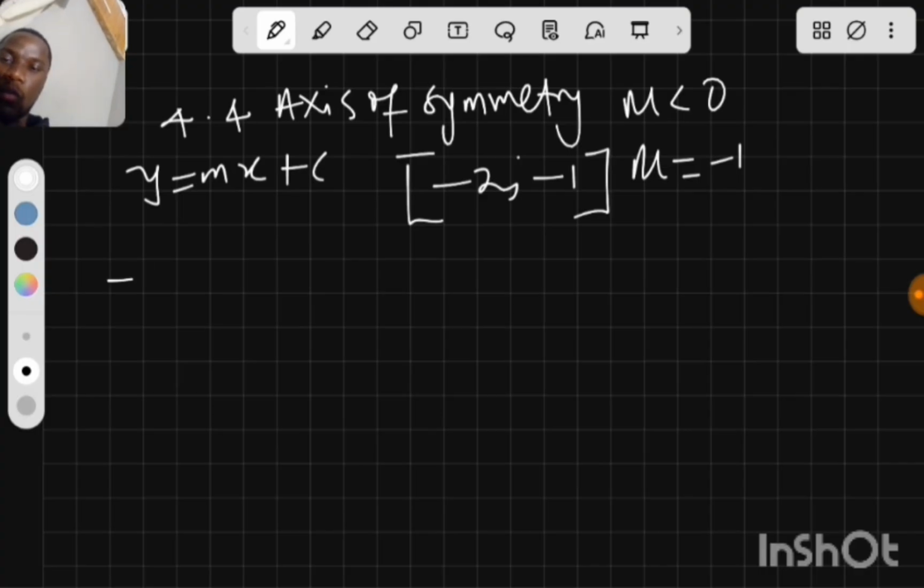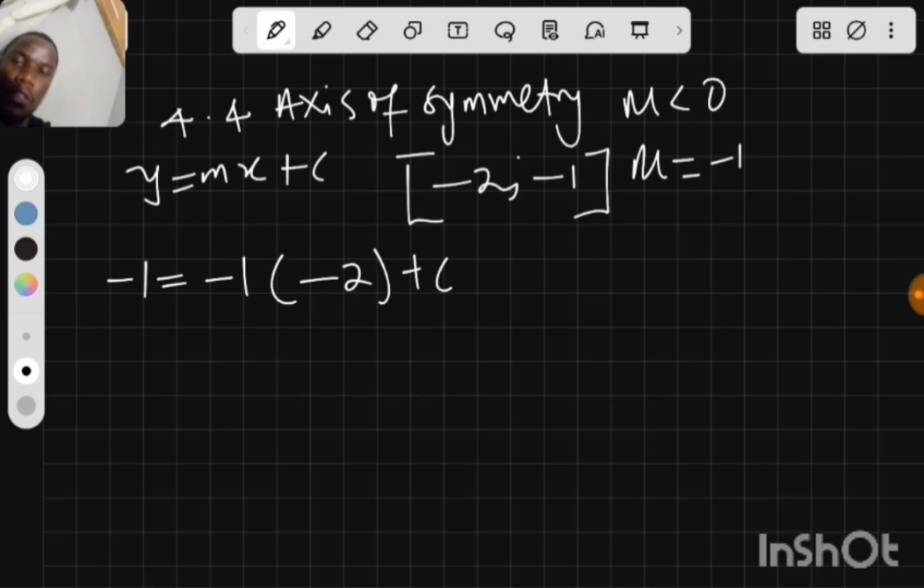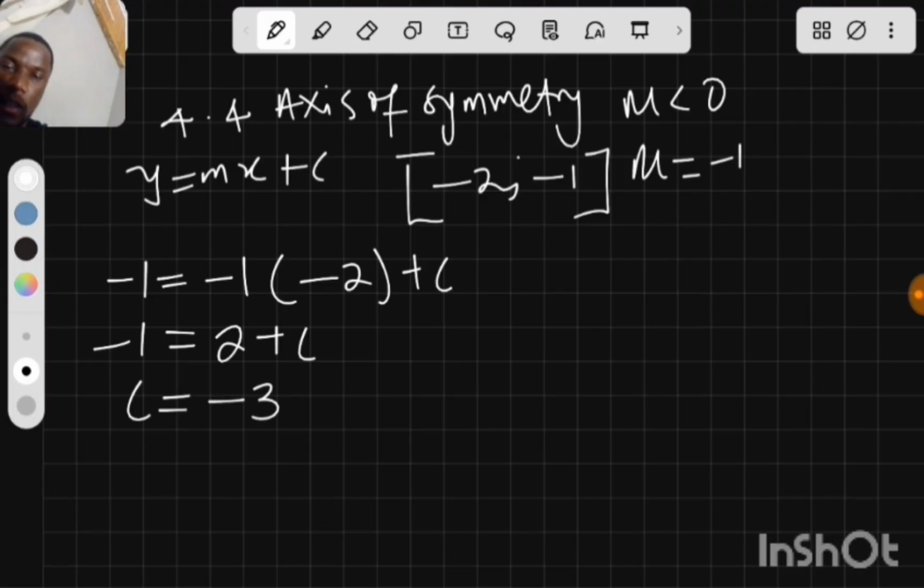Then we substitute minus 2 where we see x and minus 1 where we see y. Then we have minus 1 equal to minus 1 times minus 2 plus c. Then we solve for c. We have minus 1 equals positive 2 plus c. C is going to be equal to minus 3.